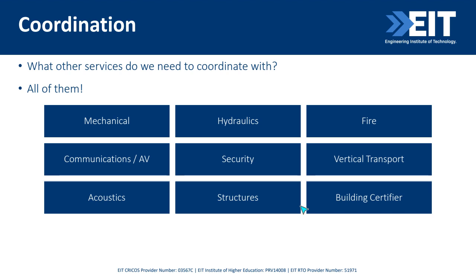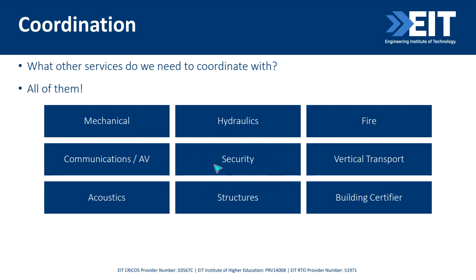So who do we need to coordinate with? We need to coordinate with everyone. When you look at all of the building services disciplines within a project, electrical typically interfaces with the most. So we have the most work to do when it comes to coordinating. So on the slide here, we've listed out everyone we need to liaise with. We need to talk to our mechanical engineers, our hydraulic engineers, fire, communications, and AV, so audio visual, if that's a separate person or company.